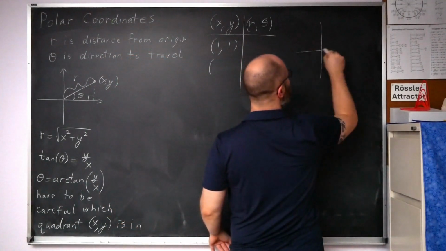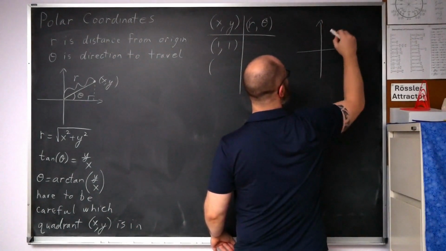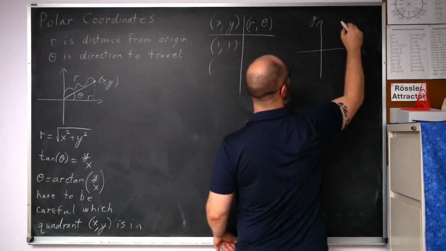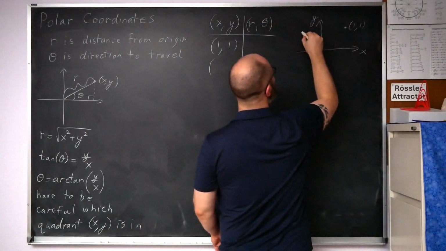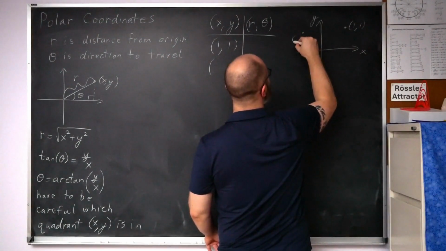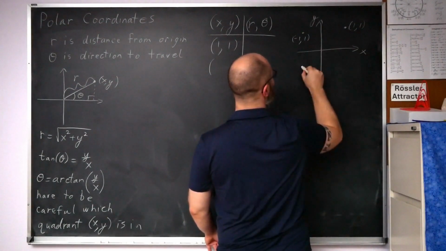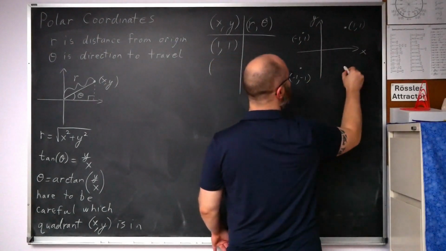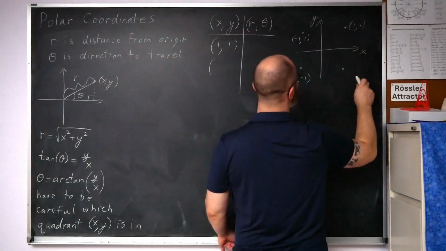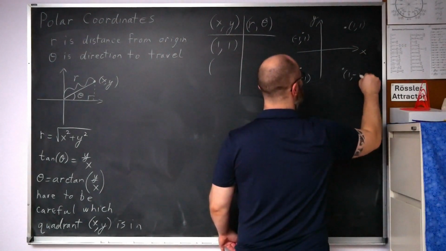So I want to do these 4 points. This is x, this is y. I want to do this point, which is 1 comma 1. This point, which is negative 1 comma 1. This point, which is negative 1 comma negative 1. And this point, approximately in the right place, of 1 comma negative 1.